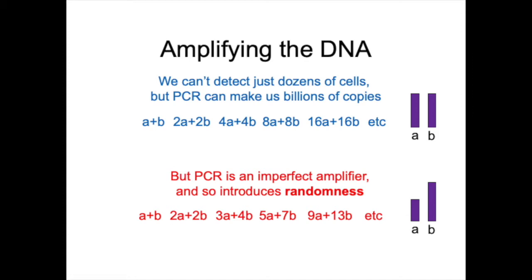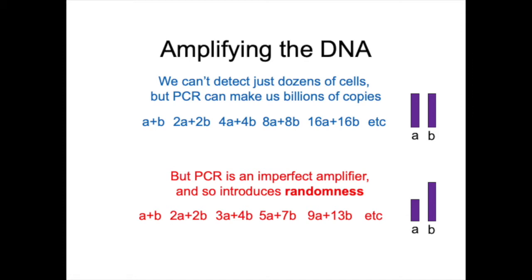And so in the bottom, what I show is if it's not always doubling, in red you may have A plus B is what you're starting with, allele A and allele B. And then maybe you get lucky, A and B both copy, you get two A's plus two B's in red. But now one of the A's doesn't copy, you get only three A's and four B's. And then some of the copying works, some doesn't.